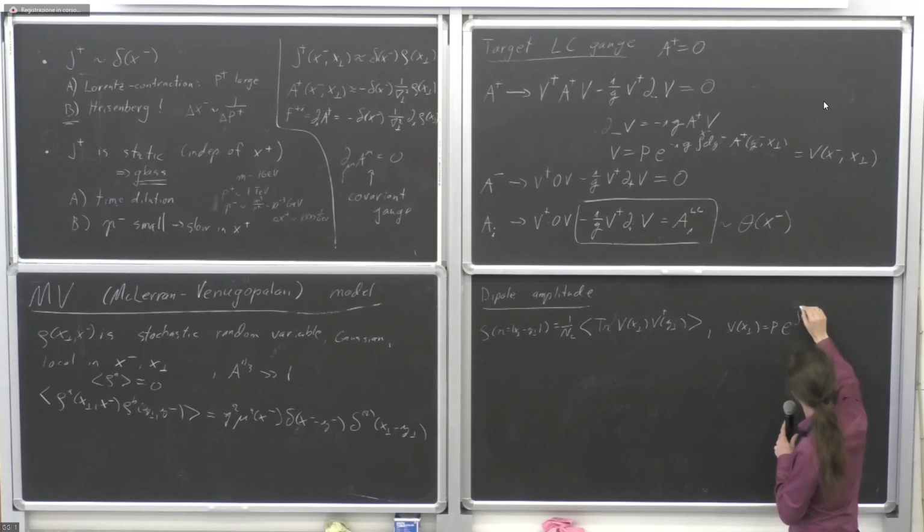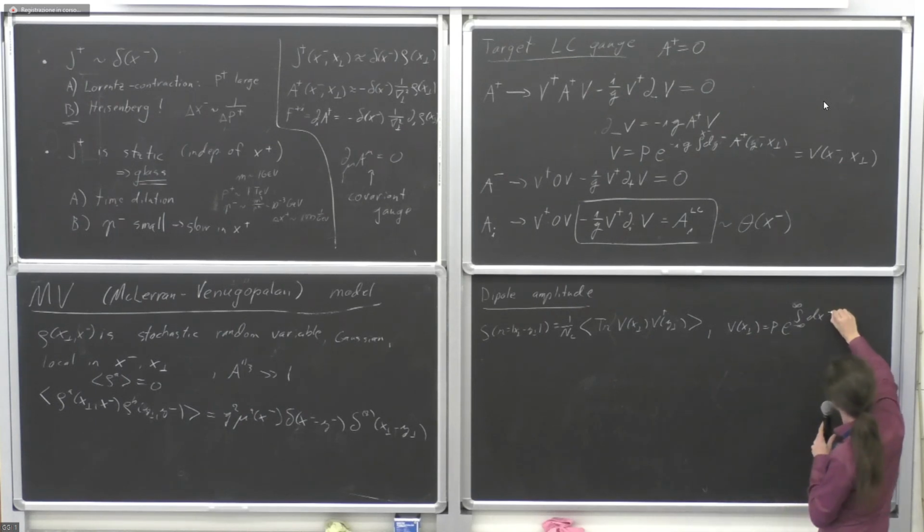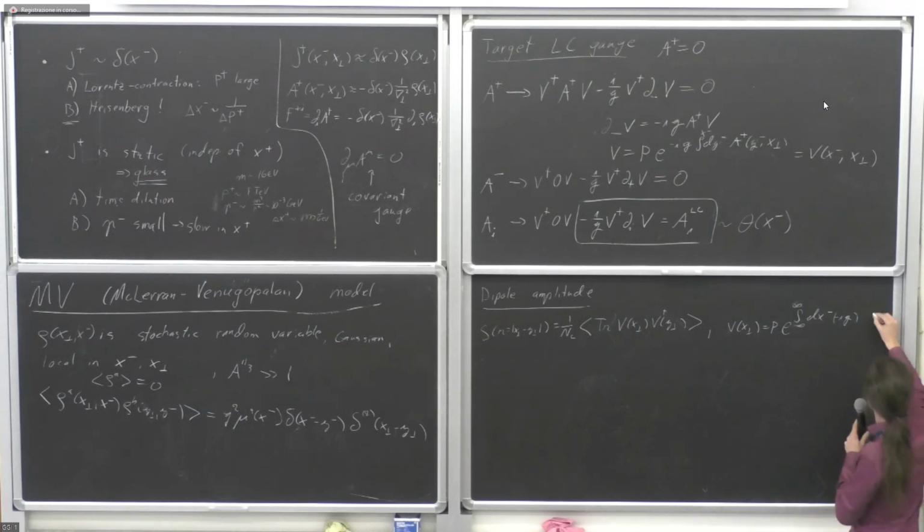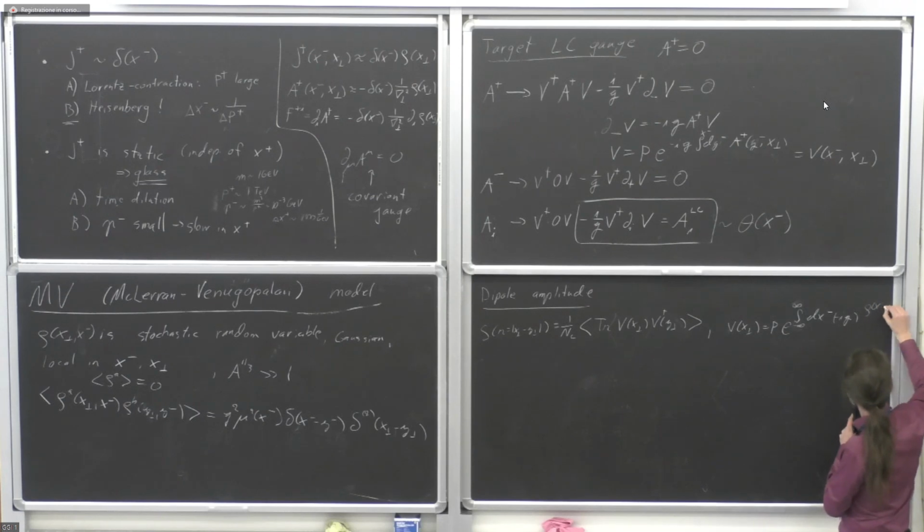So a path-ordered exponential from minus infinity to plus infinity, dx minus, minus ig, and then what appears is the covariant gauge A plus.